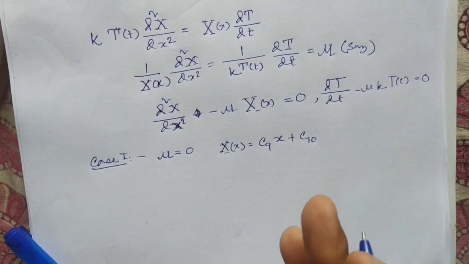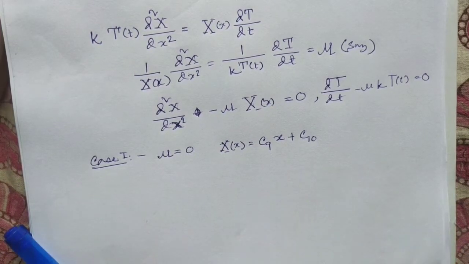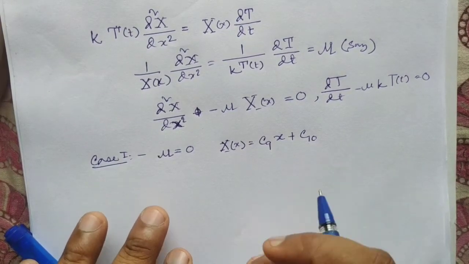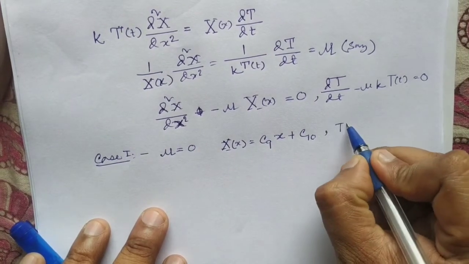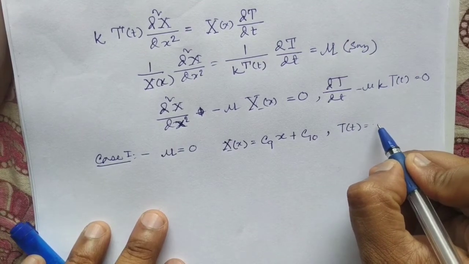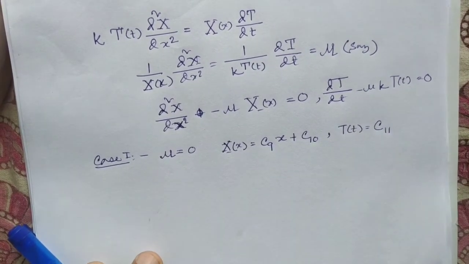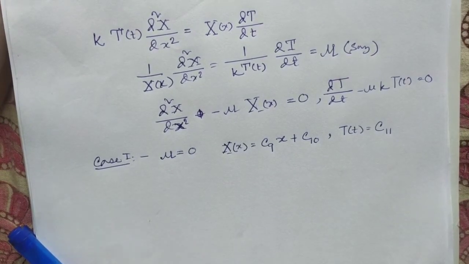Actually, this is a straight line, like y equals mx plus c. From the same idea, T(t) is equal to some constant C11. So this is the solution if mu is equal to 0.